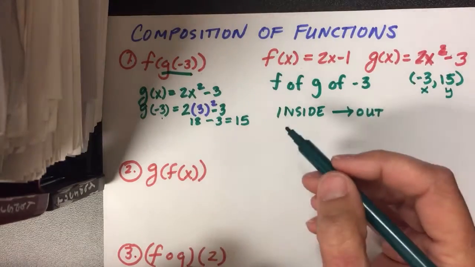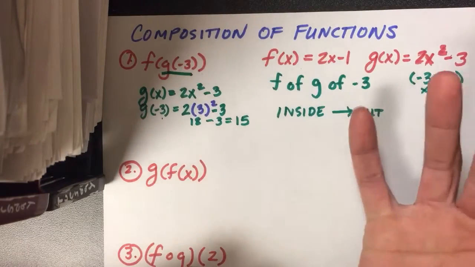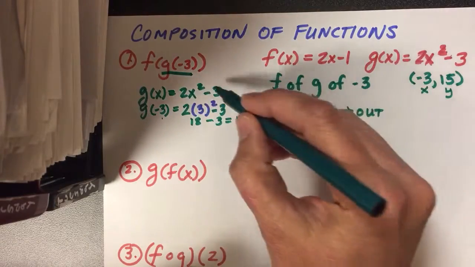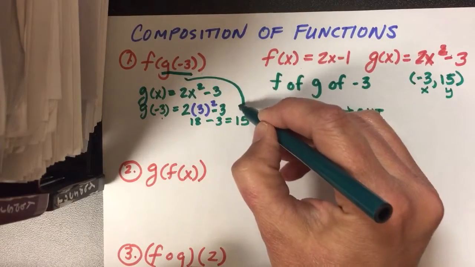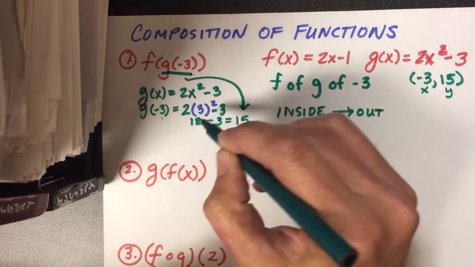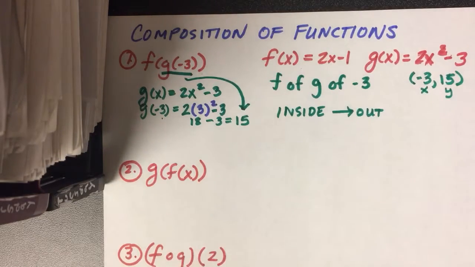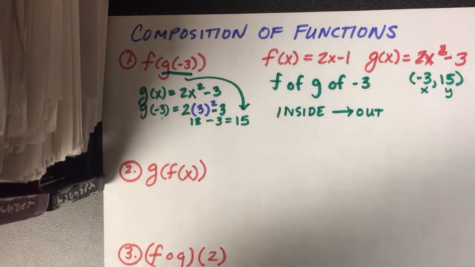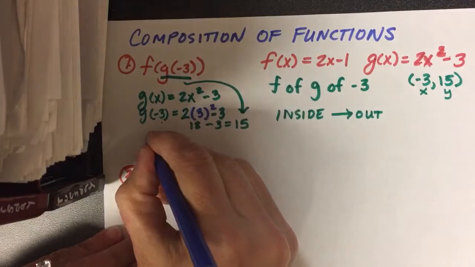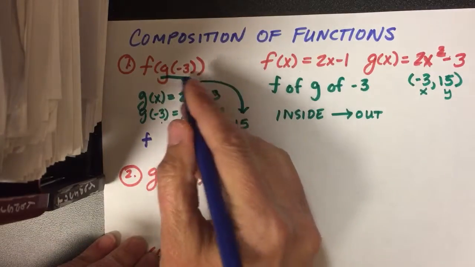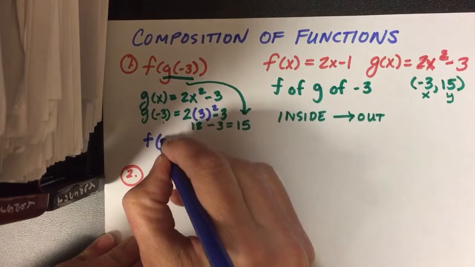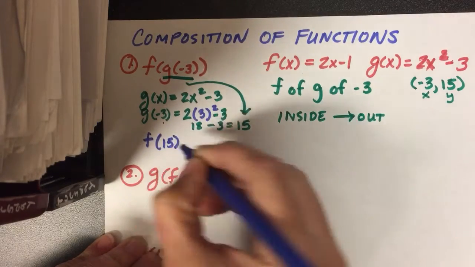The way these compositions work is it's kind of like a chain. Once I've established g of negative 3, which is 15, that becomes my new input for f. Since it's f of g of negative 3, what's g of negative 3? It was 15, so I'm going to find f of 15.